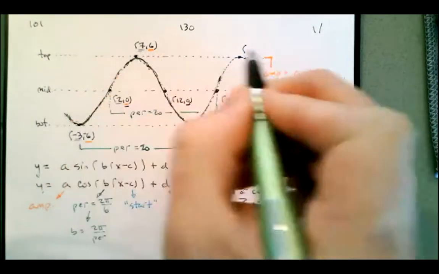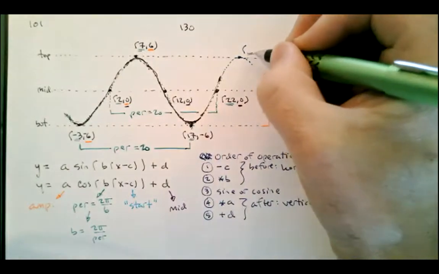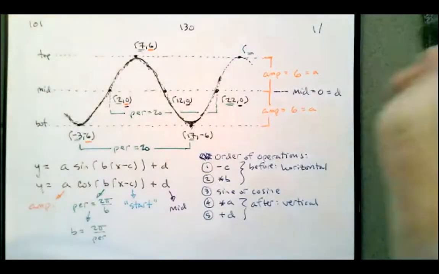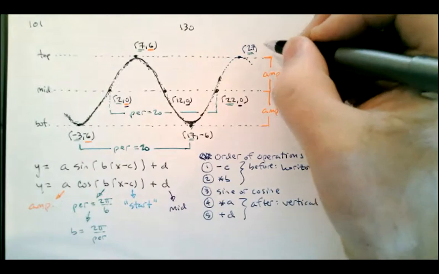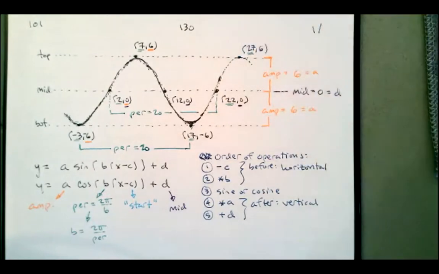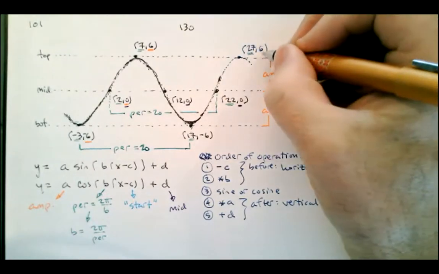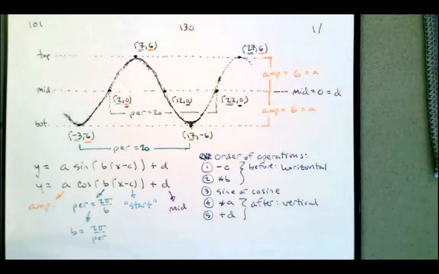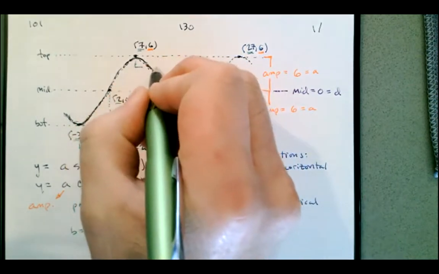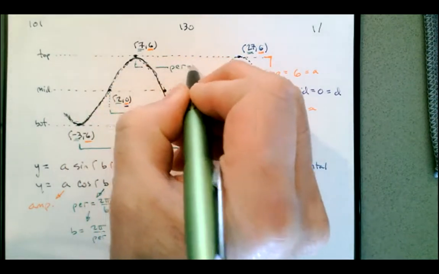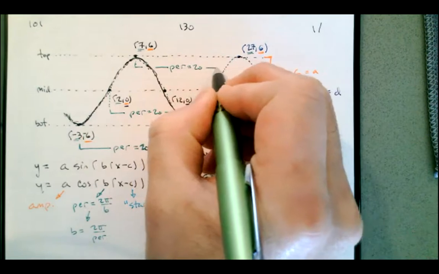So from a 7, that'll tell us up here we should have a 27. And it should still be at the top, so that should still be at 6. So we can extrapolate from the data where the next top point is going to be. And the distance between those has to be 1 period, which is still 20.